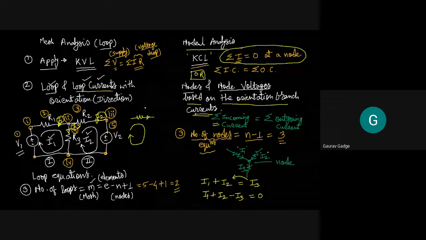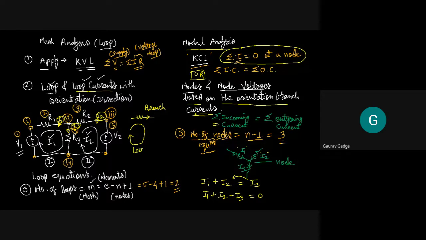So that current is called branch current, and the current which follows the path of the loop is the loop current. Hopefully you are all clear with this concept. Yes, this is just a viva-based topic which may be asked to the student. Otherwise, this concept is not so important, but you can easily remember.